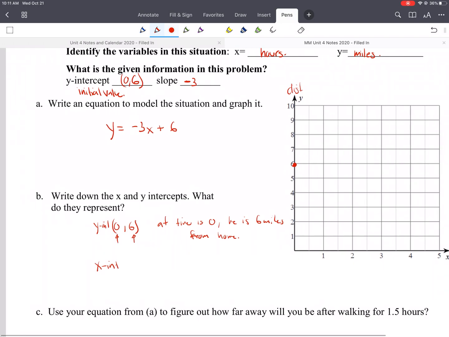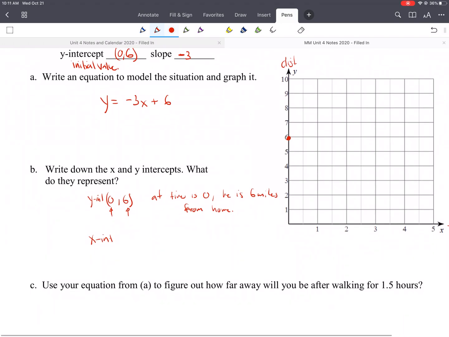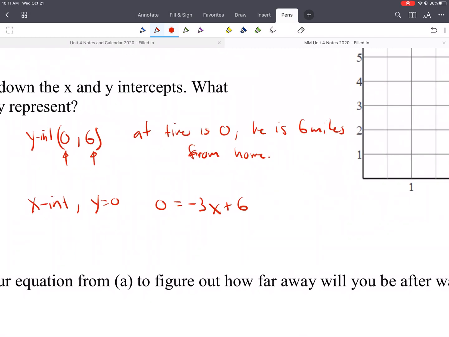And then for the x-intercept, we would need to solve for that, because they don't give us how long it would take. If it's the x-intercept, we know that y is equal to 0. So we'd do 0 is equal to negative 3x plus 6, and we'd need to solve for x. We'd subtract 6 from both sides, and then divide both sides by negative 3, and we end up getting x is equal to 2.